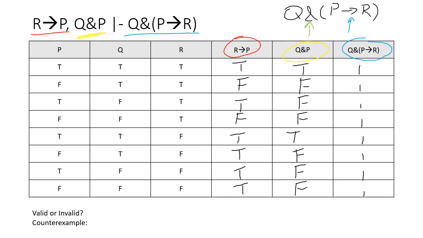So let's ignore the Q for a second, and then we'll just focus on the P and R. So again, with an arrow, it's true wherever the left side is false, or the right side is true.